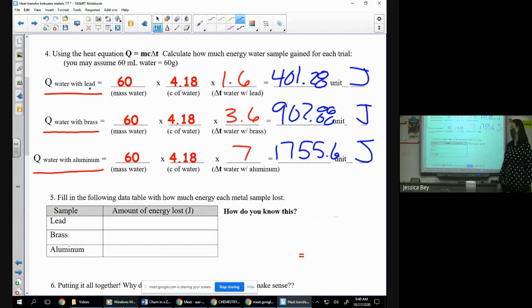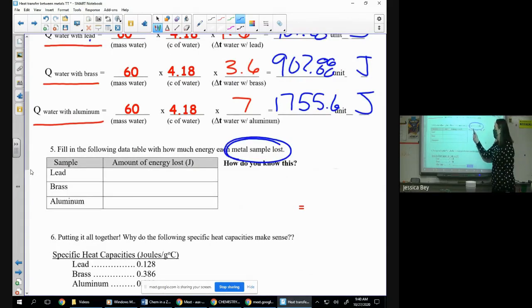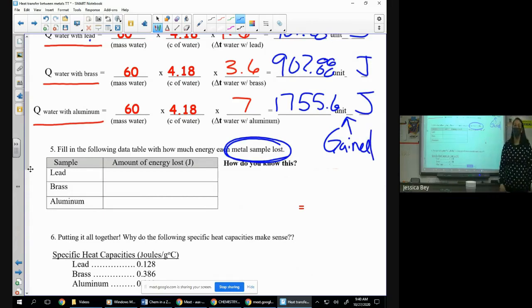Now, this is probably a lecture question, so stay with me. It says, fill in the following data table with how much energy each metal sample lost. Well, the law of conservation of energy would say, if this is how much is gained by the water, where did that energy come from?